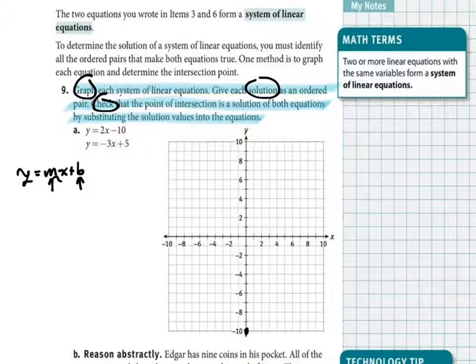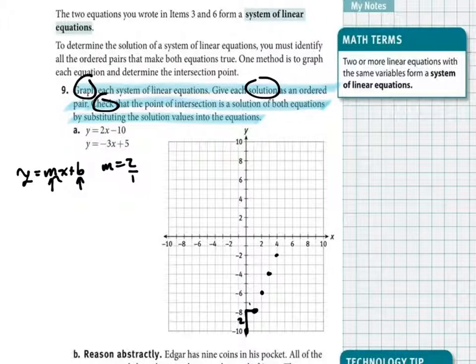My slope is 2. I put a 1 underneath it so I can graph it. So I go up 2, right 1. I put a point right there, and then I keep doing that. Up 2, right 1, up 2, right 1, up 2, right 1.